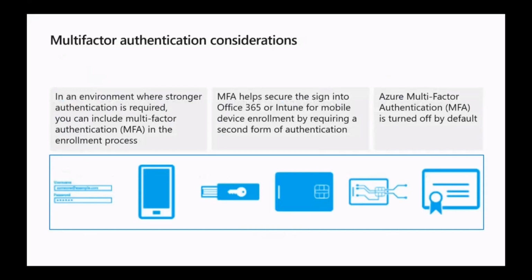And the second form, remember, could include, for example, a smart card or even a token, or using biometric information or even certificates and so on. In this case, MFA is turned off by default. If you want to use it, you first need to enable it and then configure it properly.